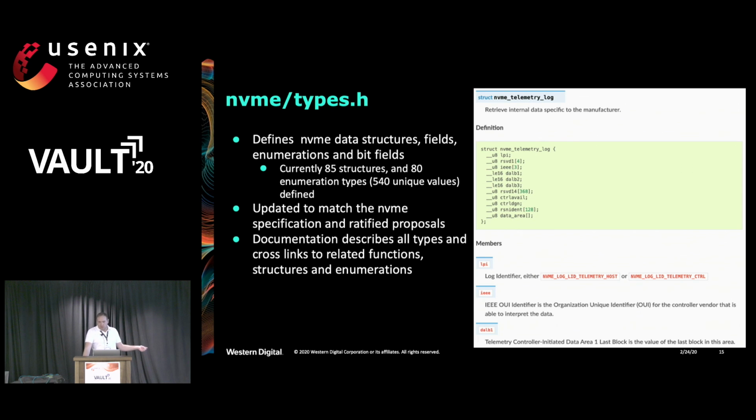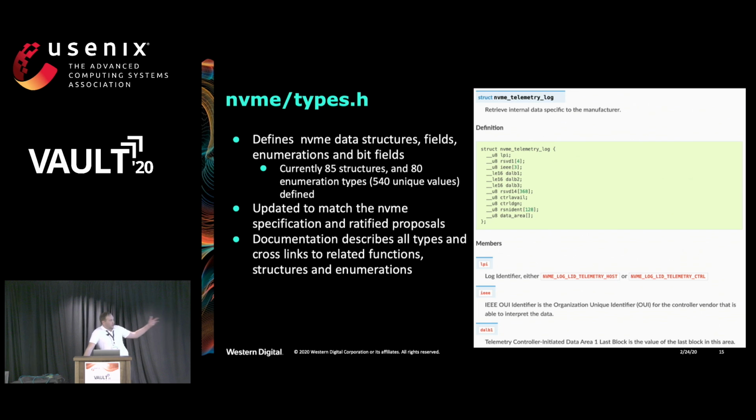If you're not familiar with the telemetry log, it's a really cool feature. It's basically a specification-defined header, followed by a bunch of vendor-specific data. I guess if NVMe was like an airplane, this would be like the flight controller black box data. So it's really useful to know if something goes wrong. It's a pretty cool feature that not many devices implement yet.